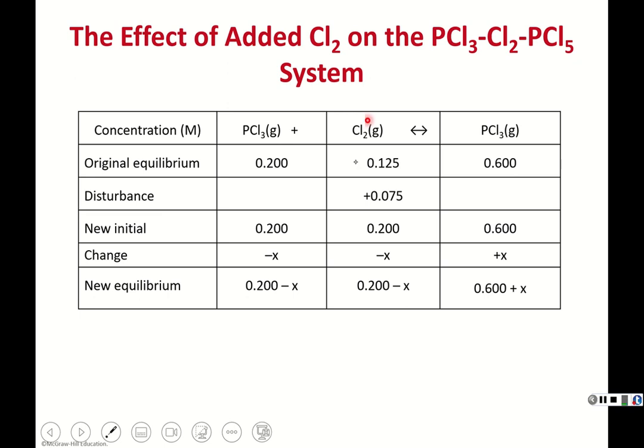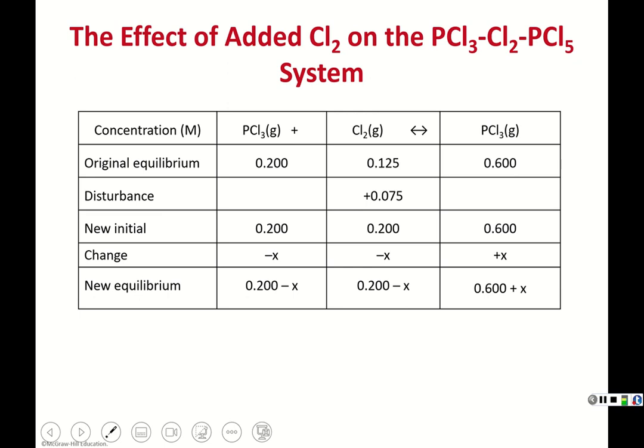We added more of the Cl2. So then you take that into account. So now we're adding a new row to this column where we have a disturbance. Okay, so in this case we're adding 0.075 molar concentration of Cl2. Okay, so then we would add our original equilibrium plus whatever the disturbance was. We'd add that up, and that's now our new initial concentrations, the I from the ICE table from last time.